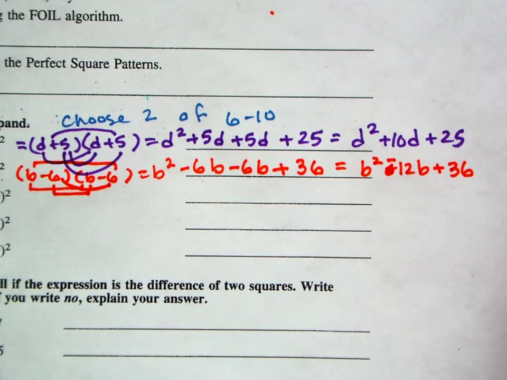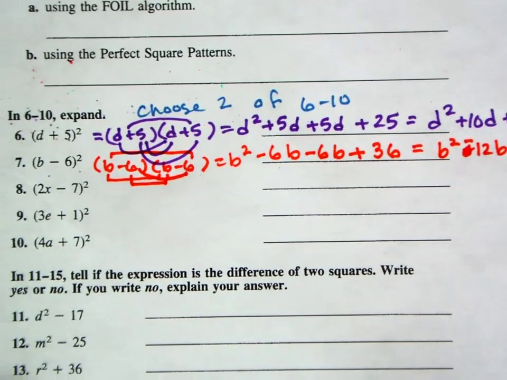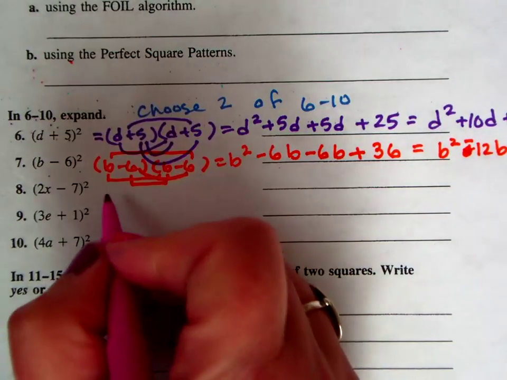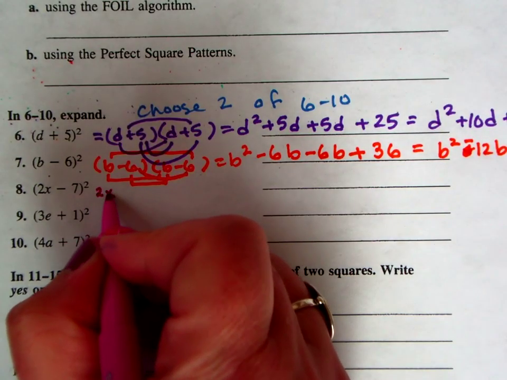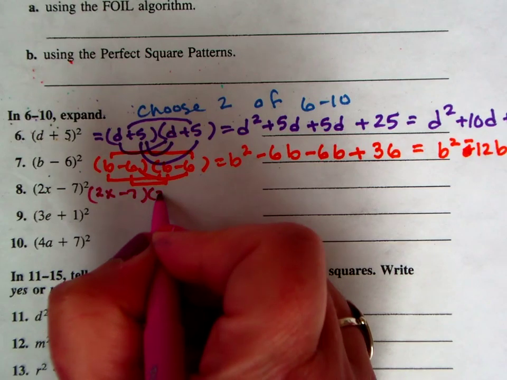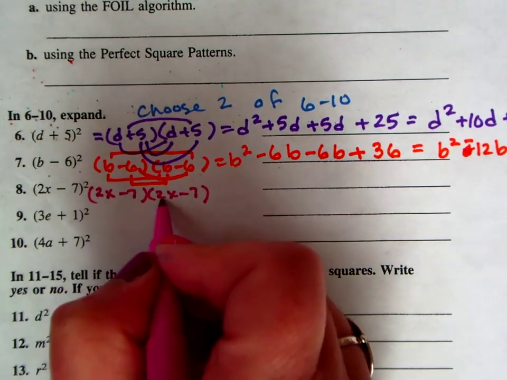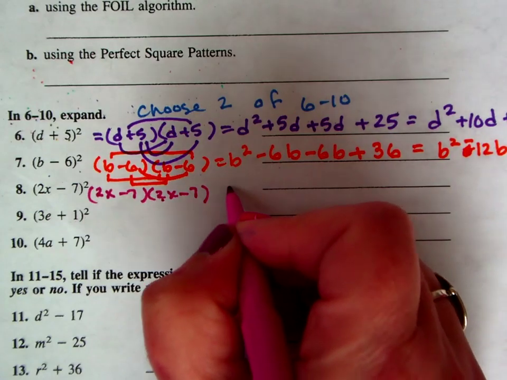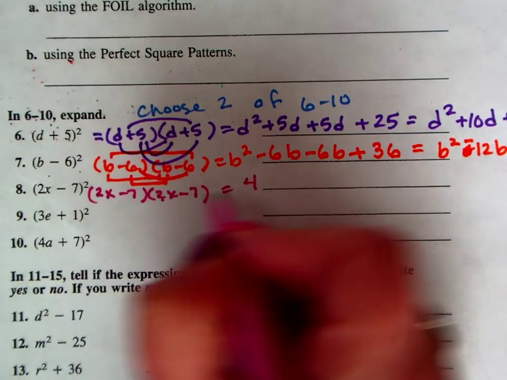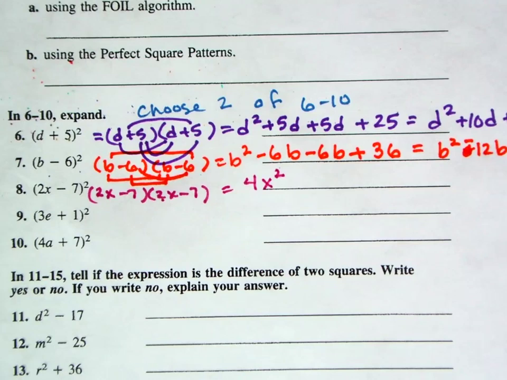All right, so last 3 problems, and then you can call it a day. 2x minus 7 times 2x minus 7. 2 times 2 is 4, so we would have 4x times x being x squared.